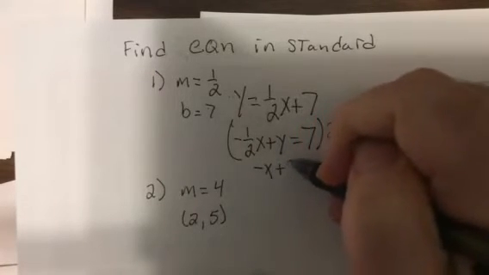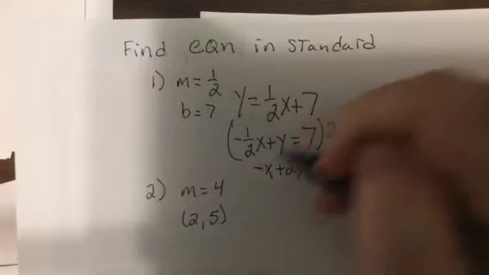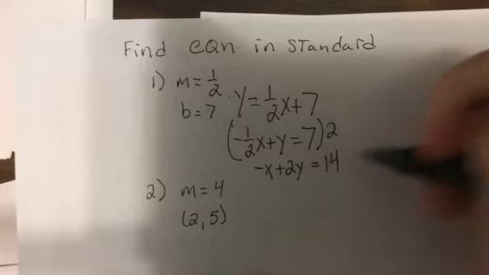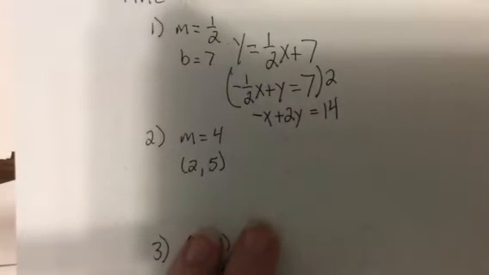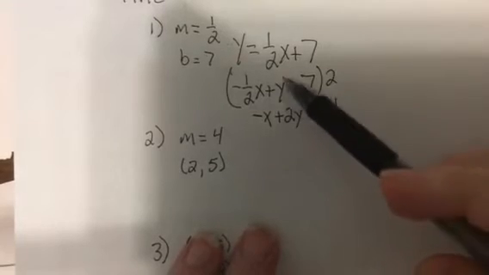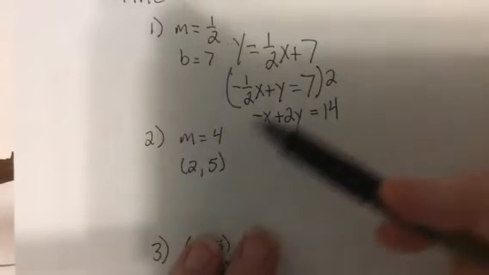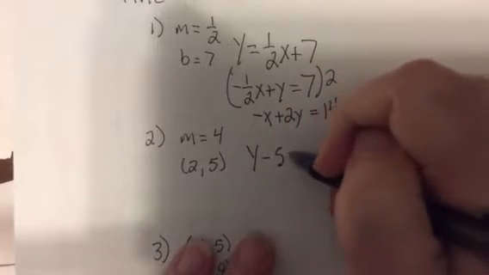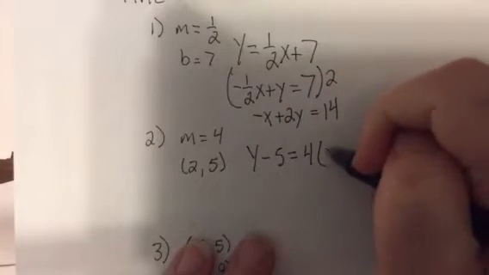Now, some books say you shouldn't have a negative coefficient. That's the number in front of the variable. But I say, hey, let's have some fun. So that's standard form. Notice I started off exactly the same. So point-slope: y minus 5 equals 4 times x minus 2.